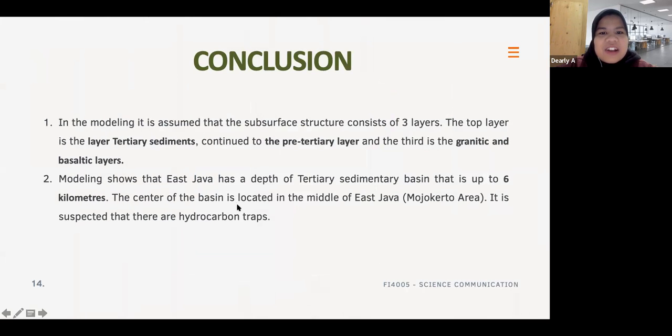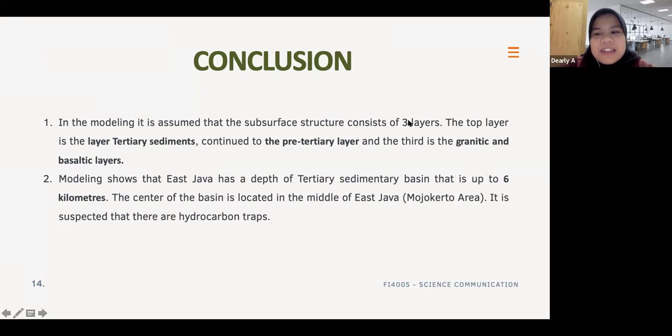So the conclusion, there are two conclusions. One, in the modeling, it is assumed that the subsurface structure consists of 3 layers. The top layer is the tertiary sediment layer, continued by the pre-tertiary layer, and the third is the granitic and basaltic layers. Two, modeling shows that East Java has a tertiary sedimentary basin depth of up to 6 kilometers.